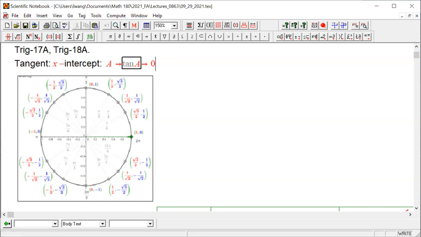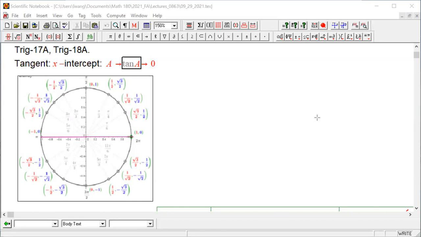How many terminals are there? Terminal 1, terminal 2. So what are the angles you can create ending at these terminals? K pi, right? 0 pi, 2 pi, 3 pi, 4 pi, and so on.